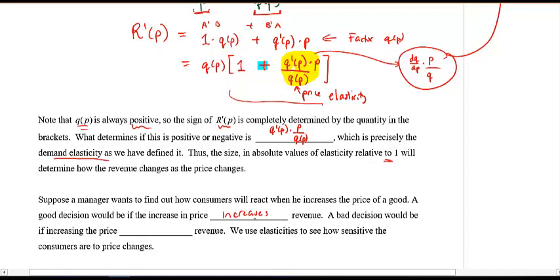Think of those luxury handbags, that kind of stuff. That would probably be a good decision, right? A bad decision would be if I increase the price and it decreases the revenue. And so how do we figure out that balance? Well, we use elasticities really to find out how sensitive consumers are to price change.